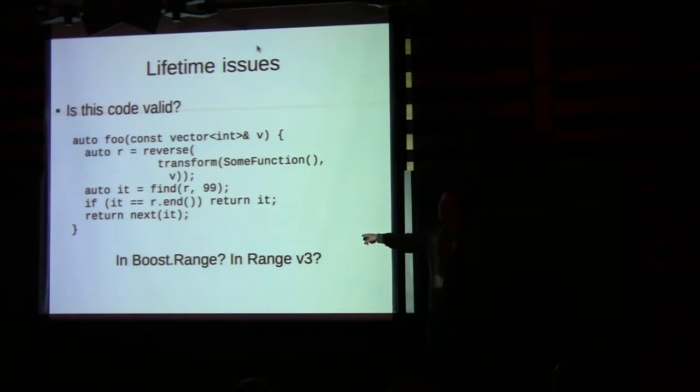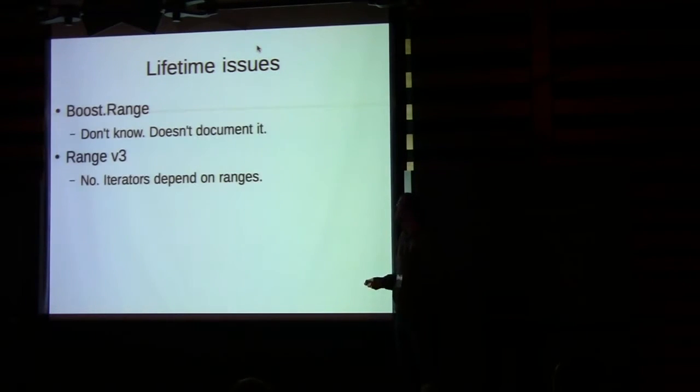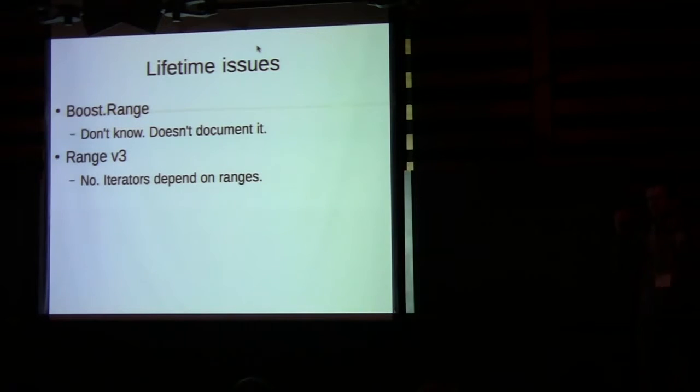Well, I have two libraries. Eric, is it safe in yours? No, it's not safe in Eric's library. In Boost Range, I have no idea. Boost Range doesn't document that. Boost Range doesn't say, well, if you have an adapter and then you take an iterator from that, is that iterator still valid once the range goes away?